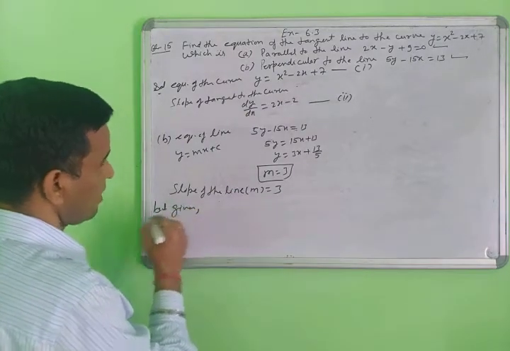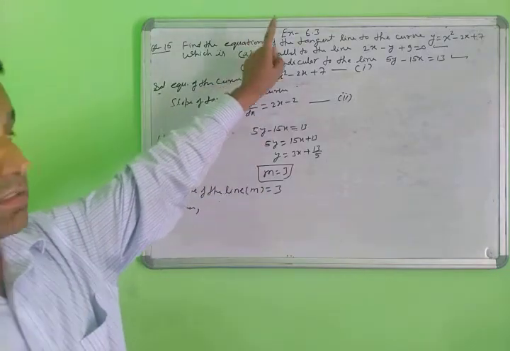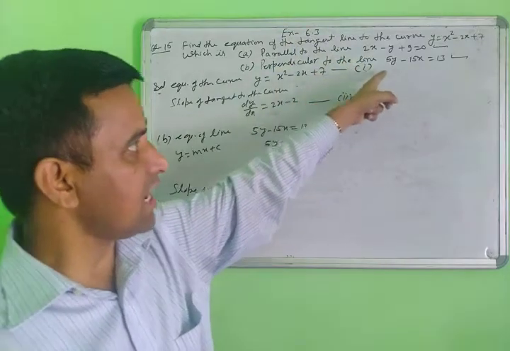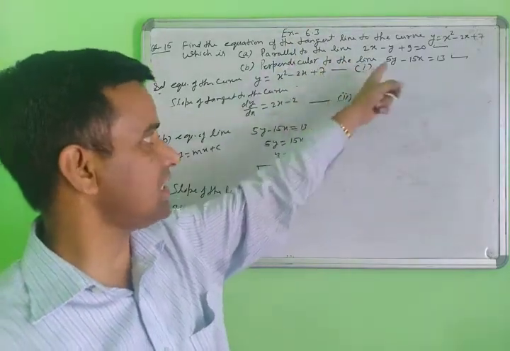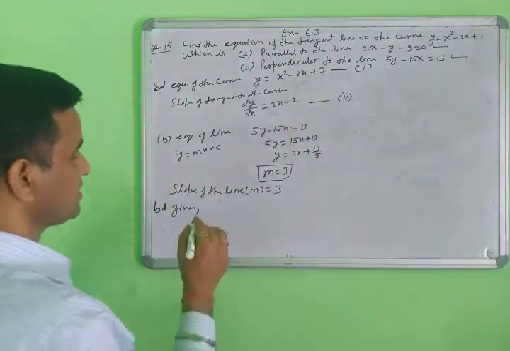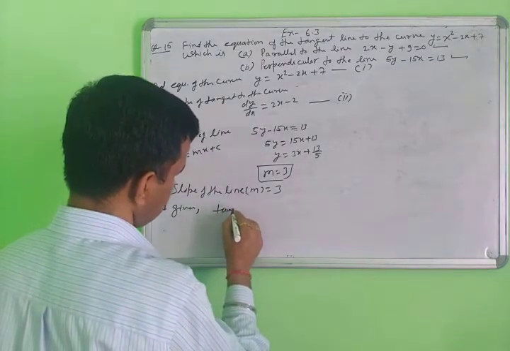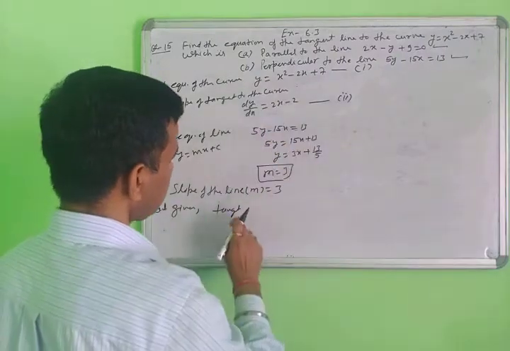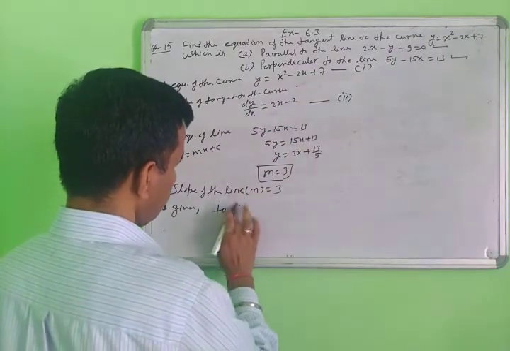But what is given here? The tangent and the line are perpendicular. It means the tangent to the curve and the line are both perpendicular.